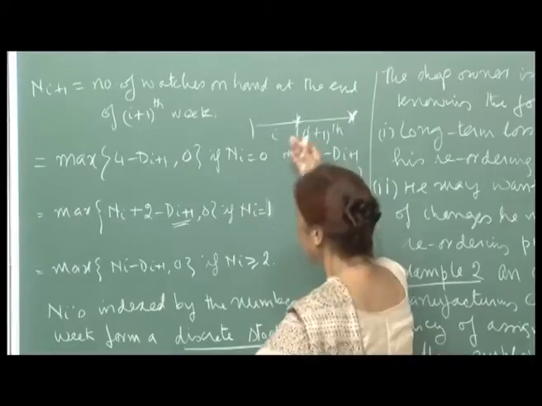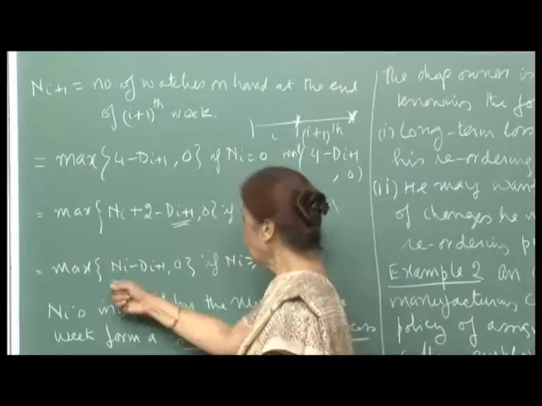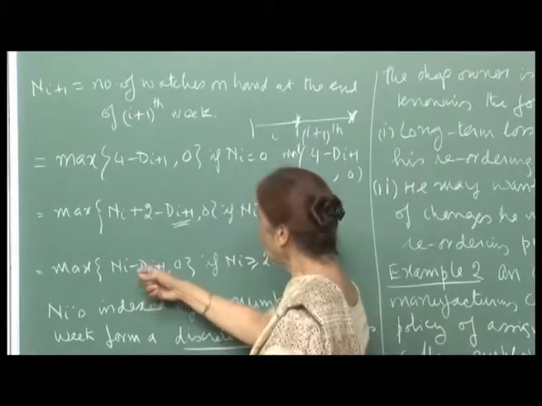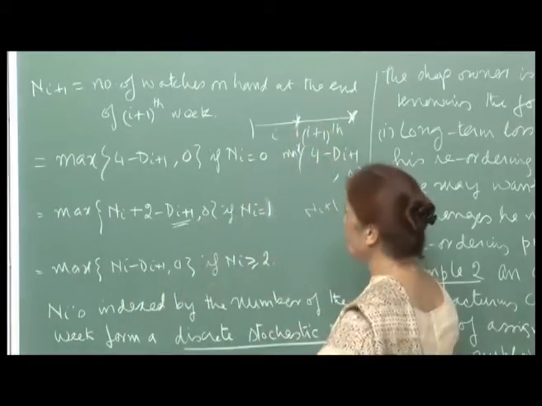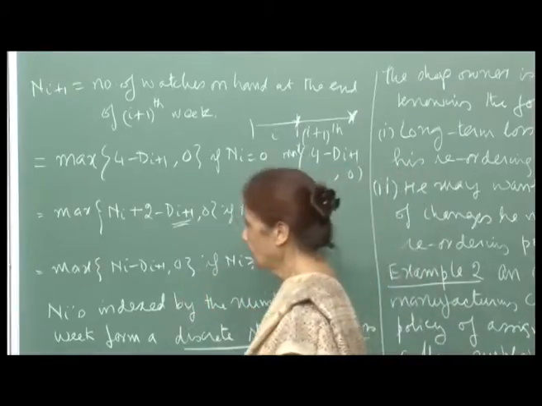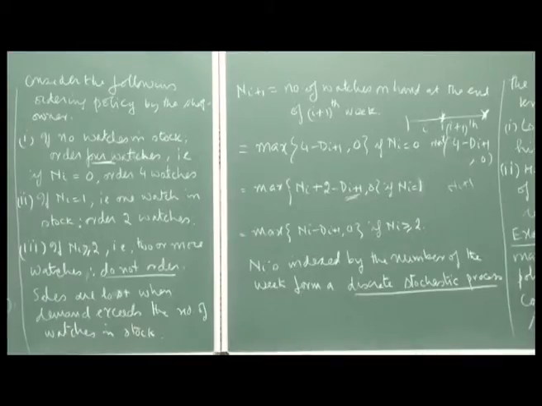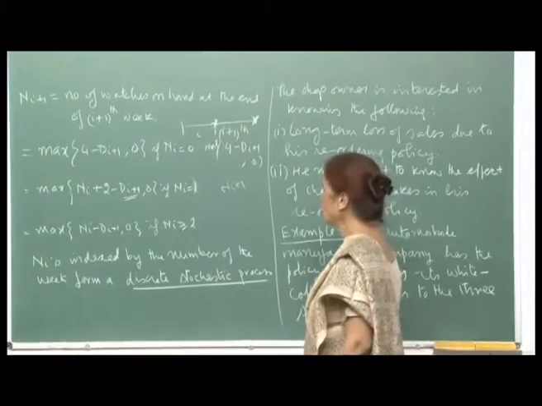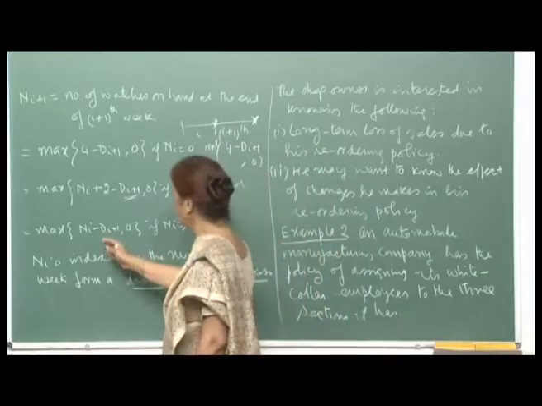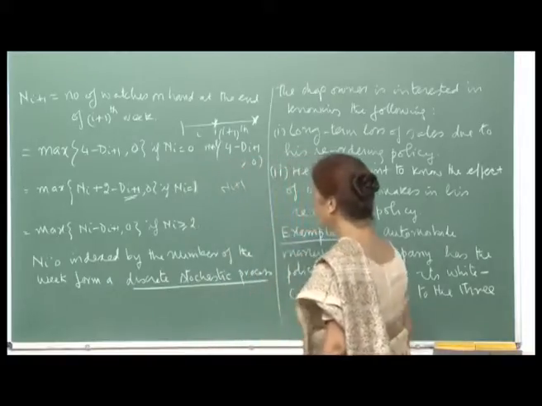So, therefore, you can say that here your ni plus 1s are dependent on just ni and di plus 1. So, the current demand and the state in which you were at the beginning of the I plus 1th week, right. So, this is sort of trying to show you the dependence, because the variables ni plus 1 are trying to tell us the state of the system at the end of every week. So, this phenomena is dependent on the 2 random phenomena ni and di plus 1. So, this is one example.